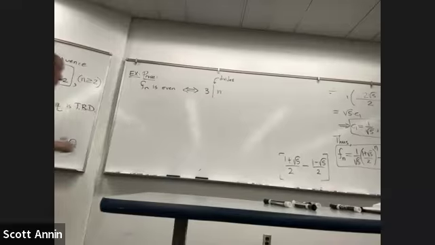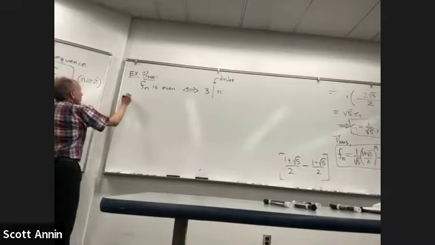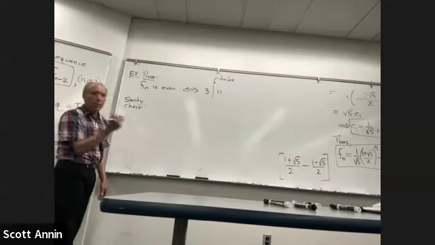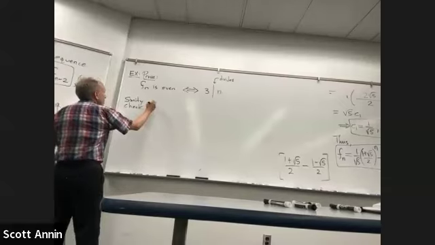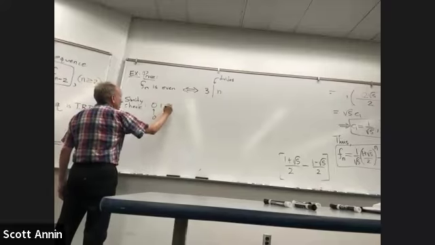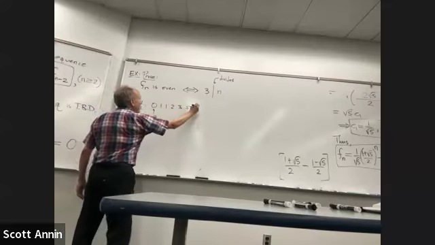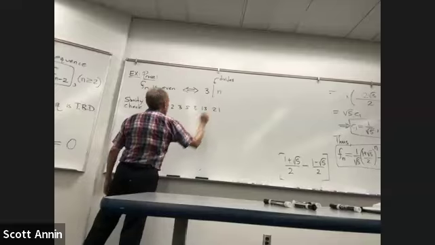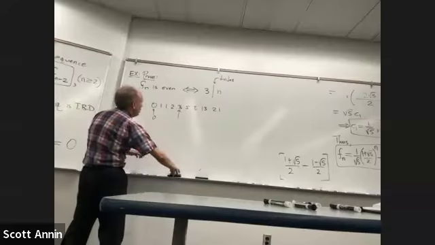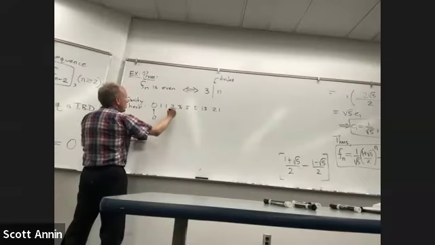Just as a sanity check, if we write down our Fibonacci numbers, F0 was 0, so this is the 0th one, and then 1, and then 1, and then 2, and then 3, and then 5, and then 8, 13, and 21, and so on. So it should be 0, 1, 2, 3, this is the 3rd one.